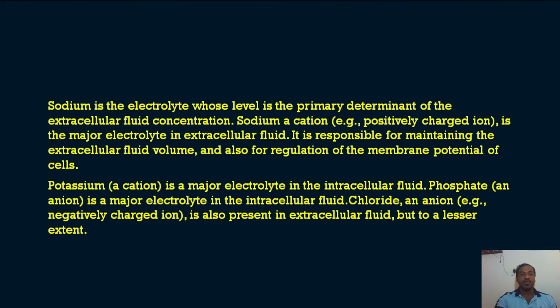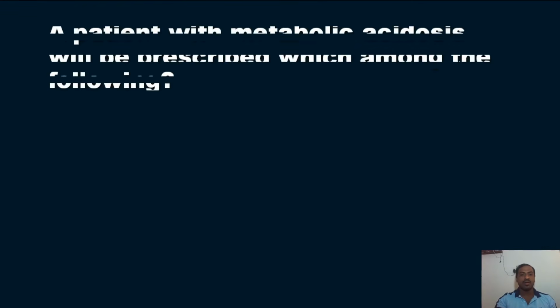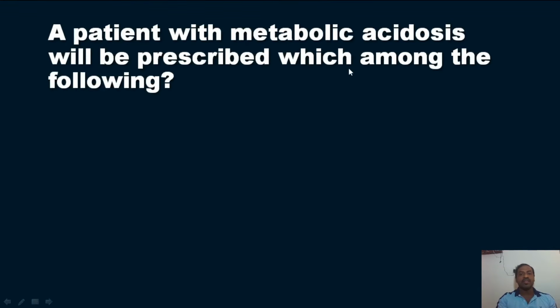Okay, so moving on to the next question. A patient with metabolic acidosis will be prescribed which among the following? So this is an easy question. What will be prescribed for a patient with metabolic acidosis?